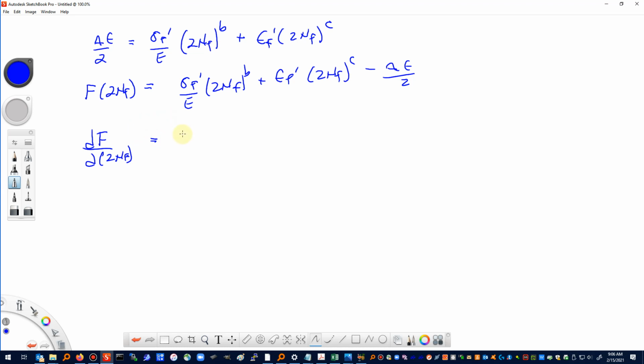What we're going to do is find the number of reversals that corresponds to a certain strain amplitude. All right, so let's see. We have sigma f prime over E, we're going to have 1 over b, we're going to have 2Nf to the b minus 1, plus epsilon f prime, 1 over c, 2Nf to the c minus 1, and these should be our terms right here.